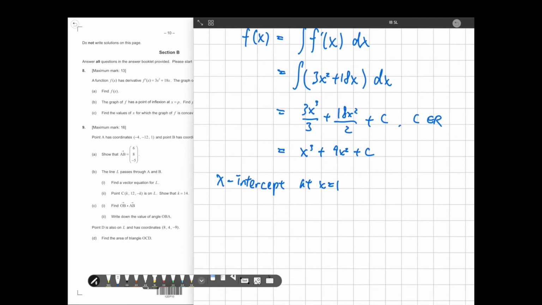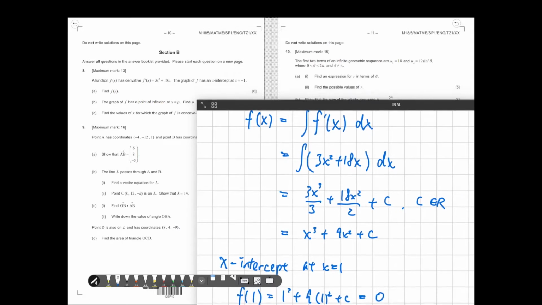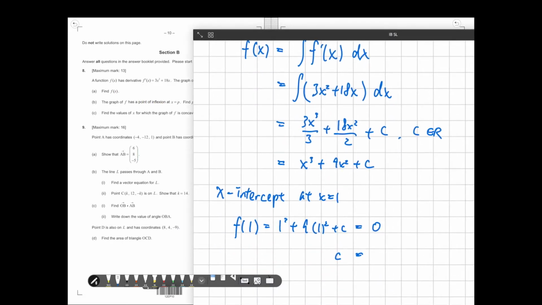So we put the -1 into the function. So when f of -1, we have -1 cubed, and then 9 times -1 squared plus c, that is equal to 0.